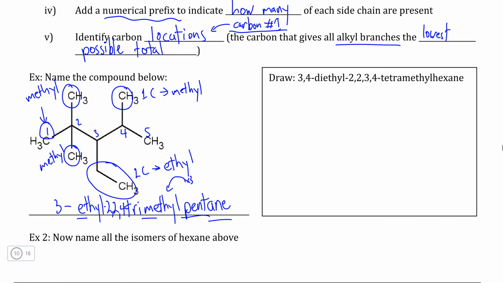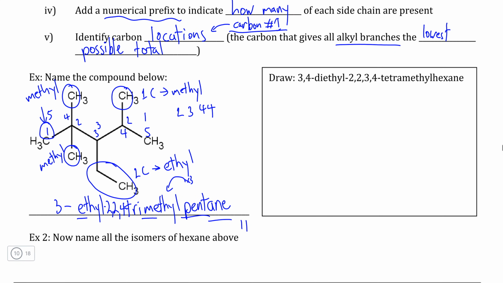So for example, 3 plus 2 is 5, plus 2 is 7, plus 4 is 11, the total number of locations. But if we did this the other way, 1, 2, 3, 4, 5, the total would be, we have a 2 on this methyl, a 3 on this ethyl, and 2 4s here.